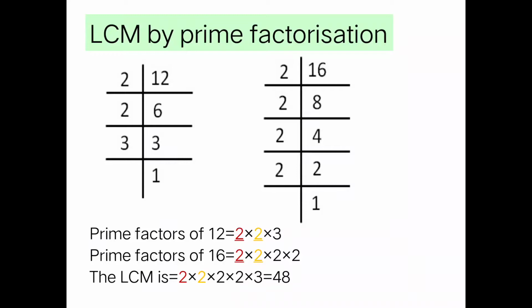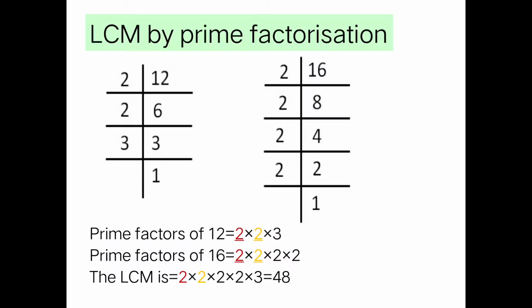Next we have the number 16. This 16 goes in the 2 table 8 times, and this 8 goes in the 2 table 4 times, and this 4 goes in the 2 table 2 times, and this 2 goes in the 2 table 1 time.